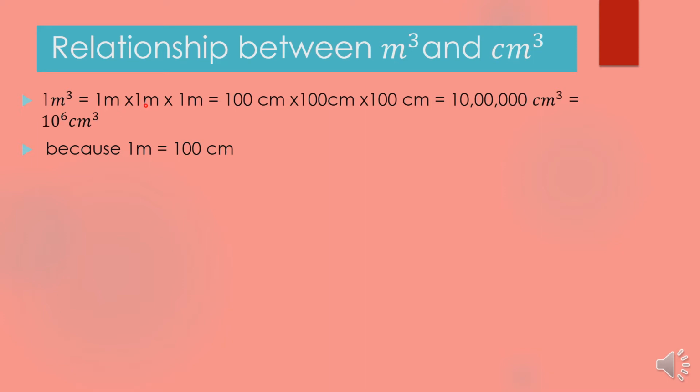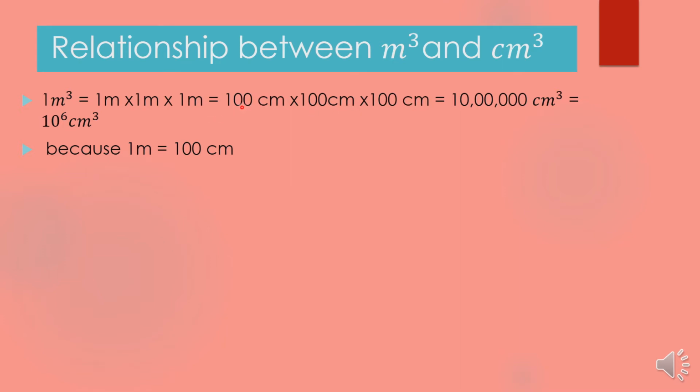Right, children? 1 meter multiplied by 1 meter multiplied by 1 meter. The same way as we are writing 1 meter equals 100 centimeter, in place of the first 1 meter we are writing 100 centimeter, for the second 1 meter again 100 centimeter, and for the third 1 meter 100 centimeter. How many zeros are there? 6 zeros.